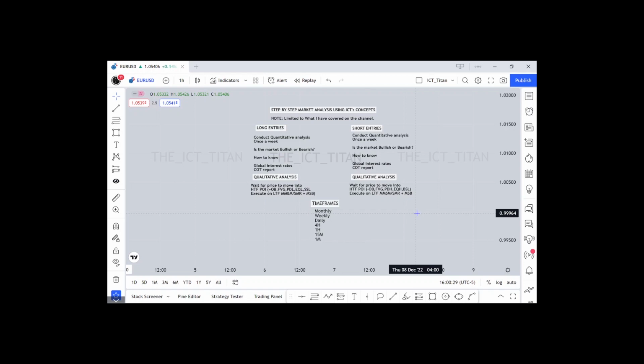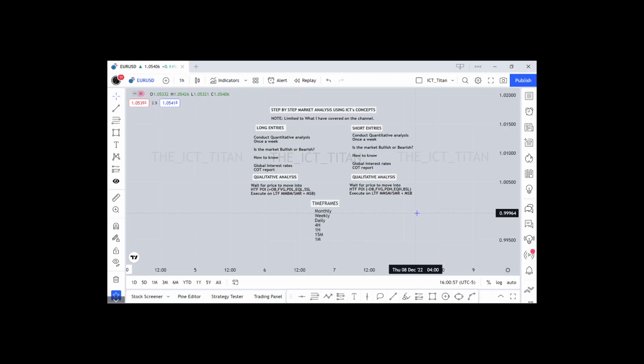So while going long, we have already conducted our quantitative analysis, and we go to our qualitative analysis. We do the qualitative analysis on the higher time frames, down to the time frame that we are going to take the trade on, doing the same thing on all the time frames.